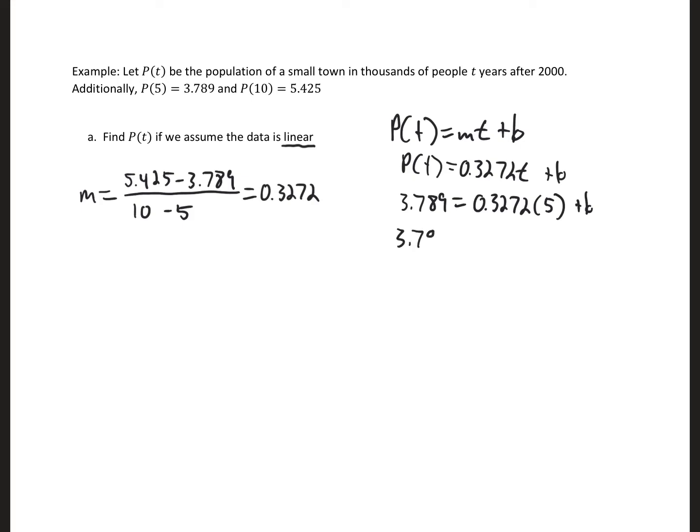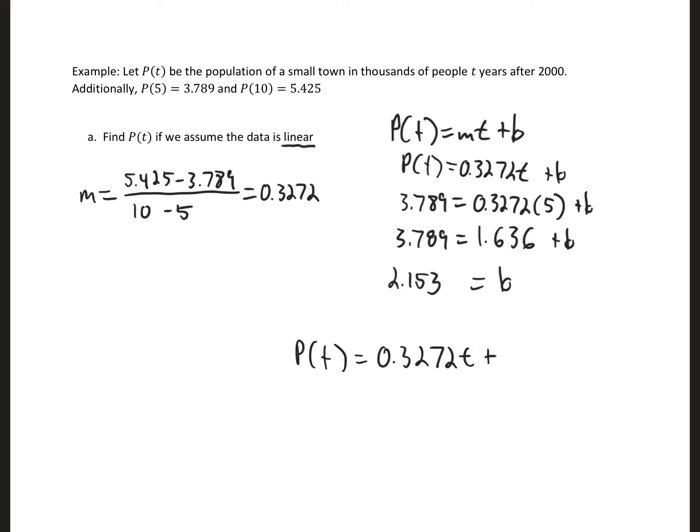So 3.789 equals 1.636 plus b. If we subtract that over, b equals 2.153. So now we can write out the full function. P of t equals 0.3272t plus 2.153. So that would be assuming this function's linear.